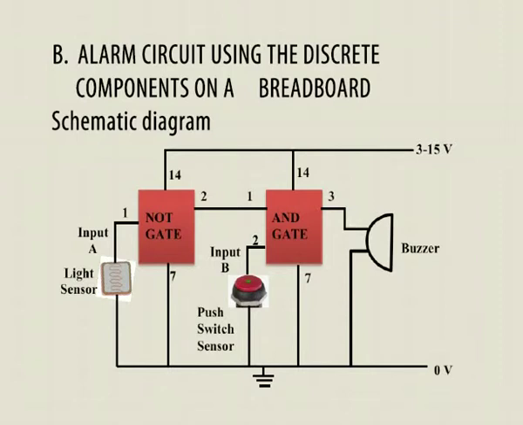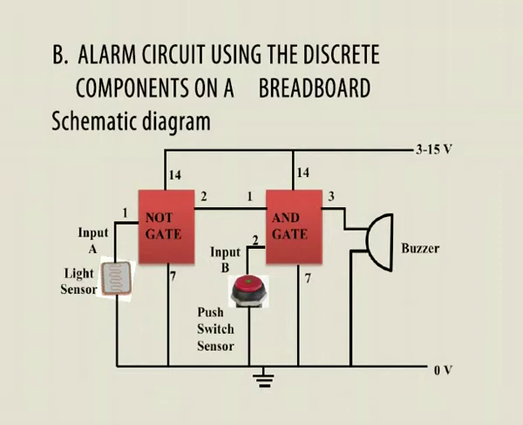Then we shall connect pin 14 of the NOT gate and then pin 14 of the AND gate to the section of the breadboard where we are going to connect the power supply.